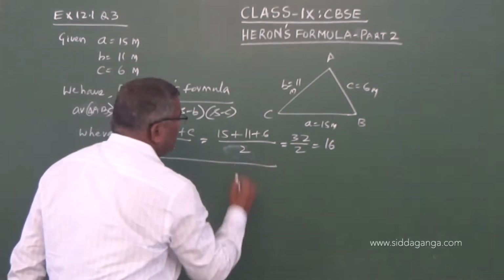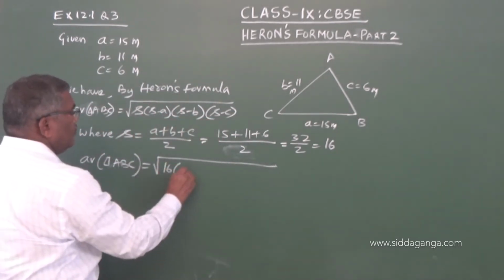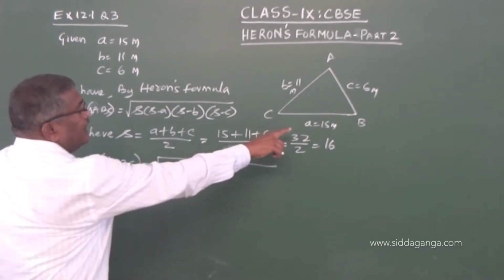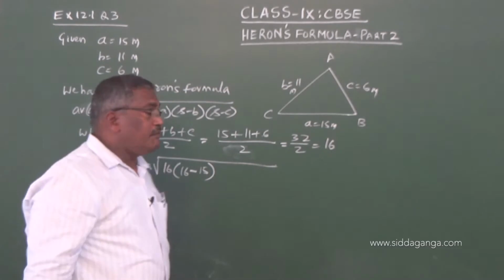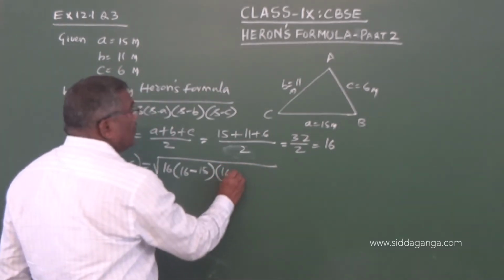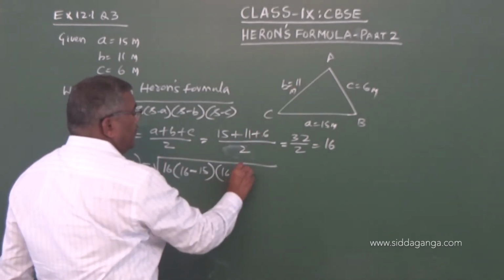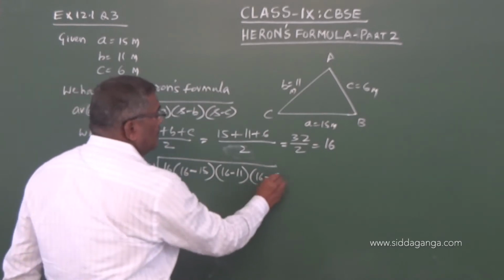square root of S into S minus A. 16 into 16 minus A is 15. Observe this. And S minus B. So S is 16 again. 16 minus B is 11. And again 16 minus C. C is 6.